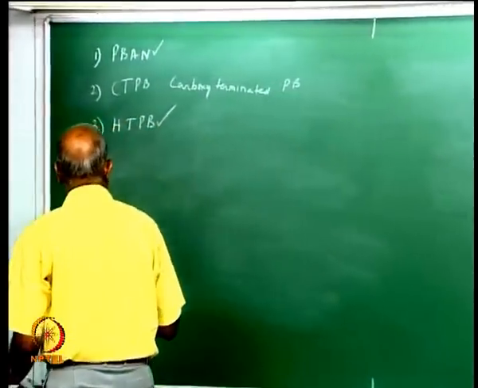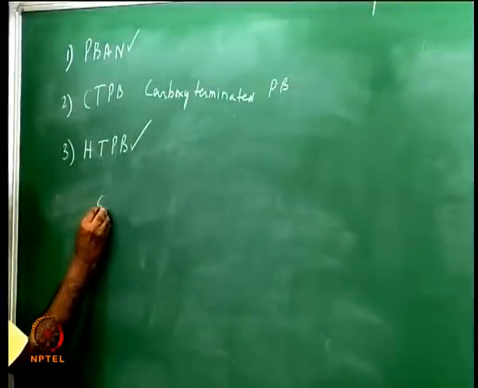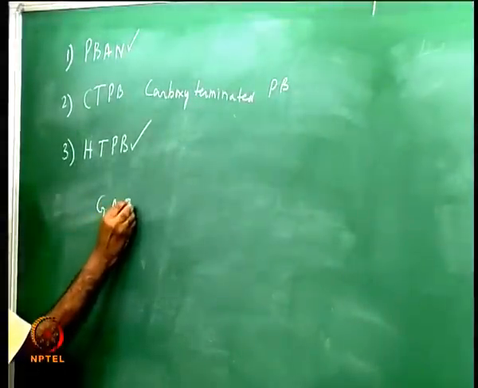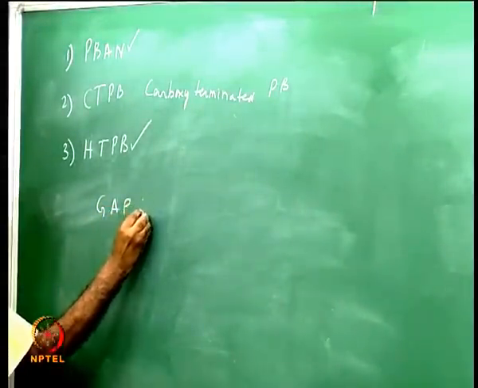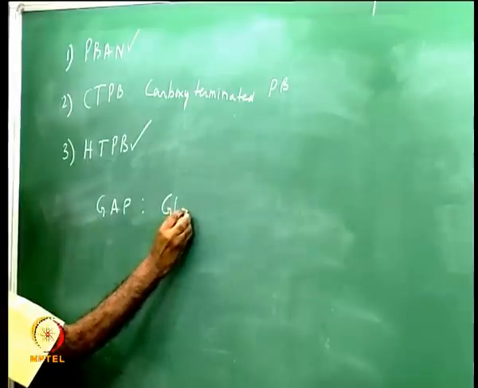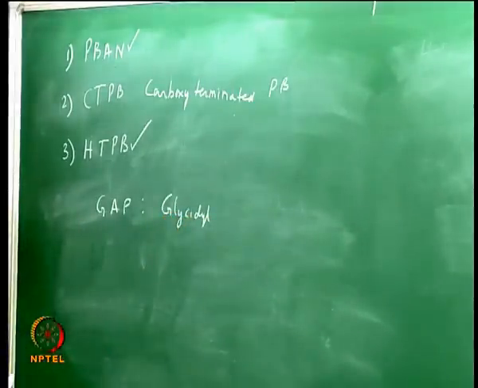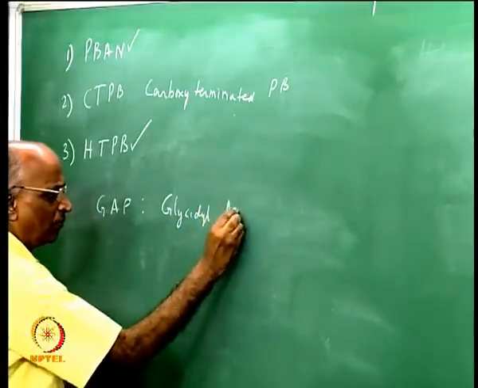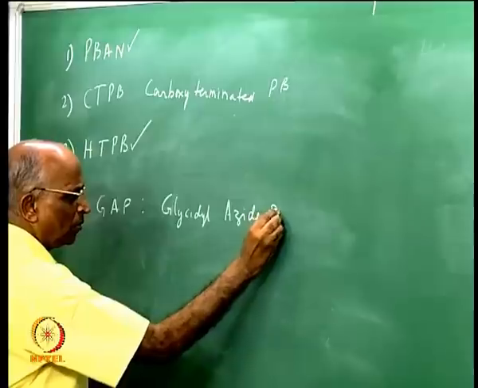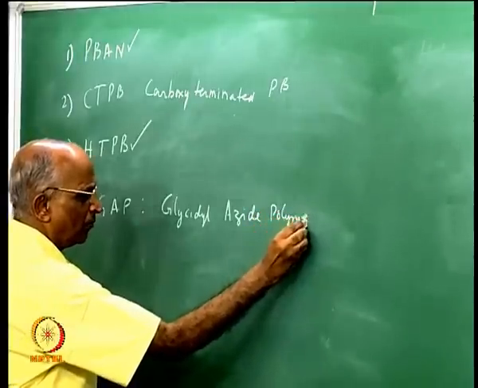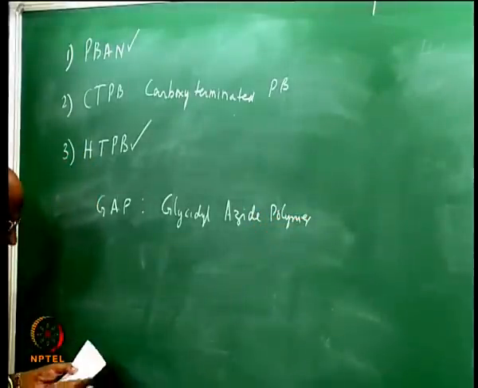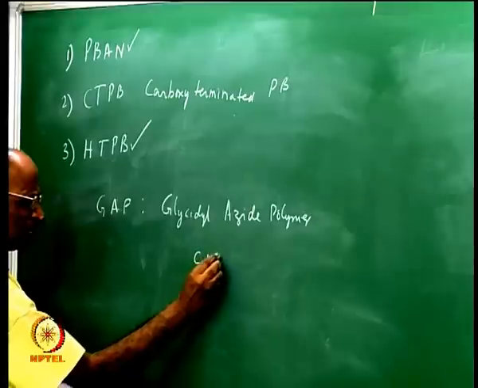We talked in terms of some fuel which is being talked of nowadays. We call it GAP, which is known as glycidyl azide polymer, and this has a formula something like CHNO.